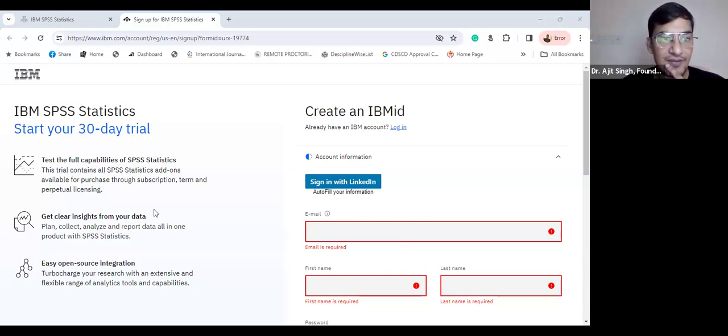Wait, guys, I have everything for you here. One sec. I'll open this Word file so you can immediately understand.